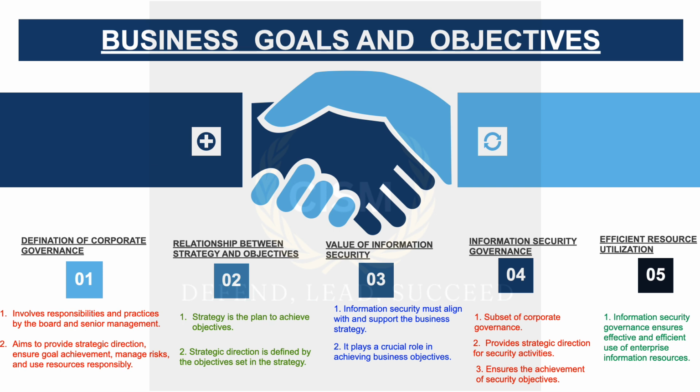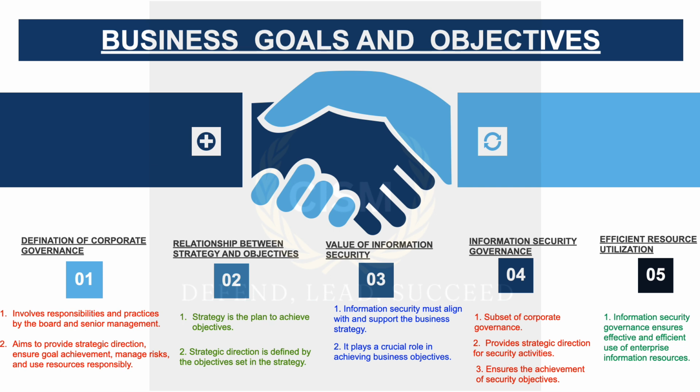Next, about the value of information security. Friends, under the value of information security, it must align with and support the business strategy. It plays a crucial role in achieving the business objectives. The value of information security lies in its alignment with and support of the business strategy.